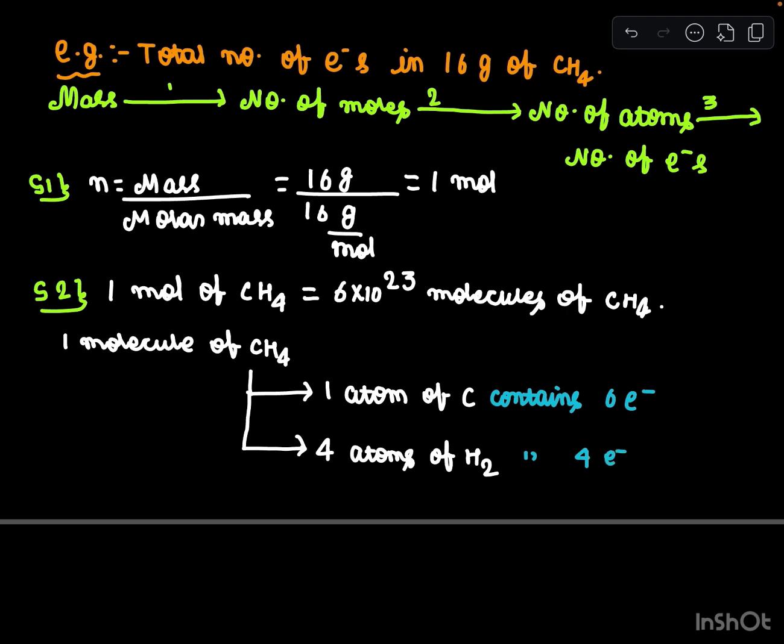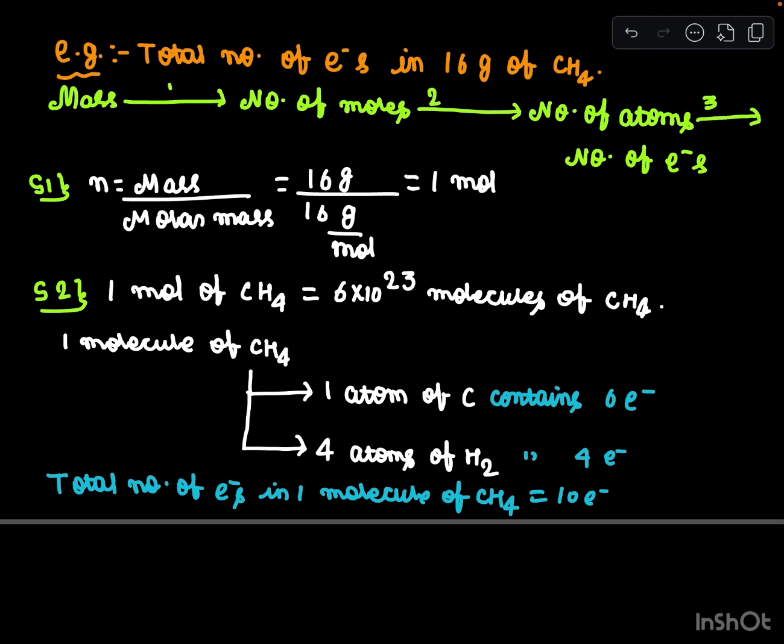Hence total number of electrons in one molecule of CH4 is 6 in carbon plus 4 in hydrogen, which comes out to be 10 electrons.